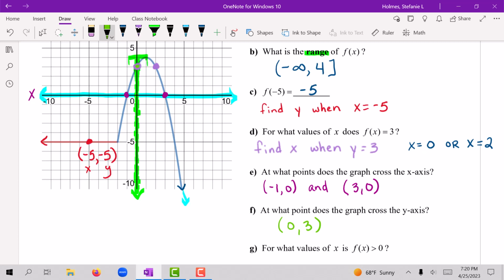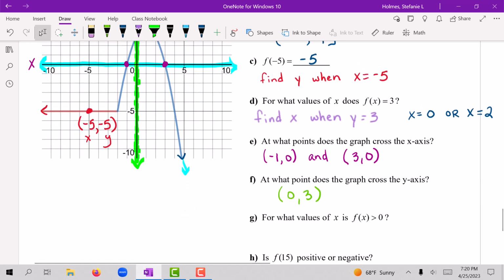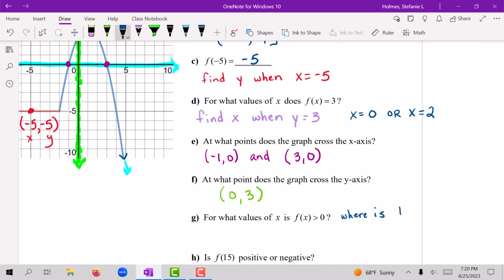Now it wants to know for what values of x is f of x less than 0. So this is asking us, where is the graph below the x-axis?